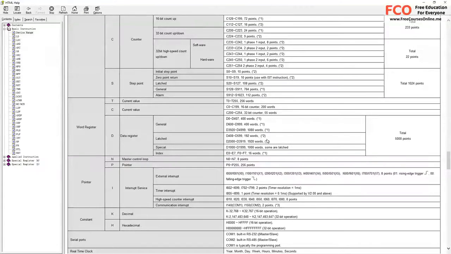I'll show you in a later lecture how we can actually check which registers we've already used in our program so that we can make decisions on what registers we can use next in our programs.